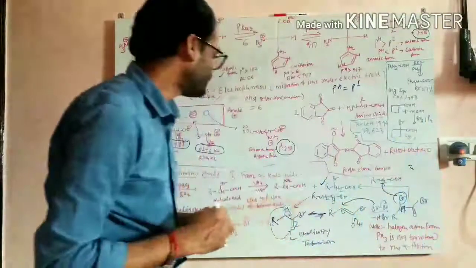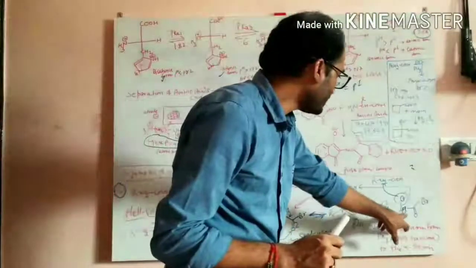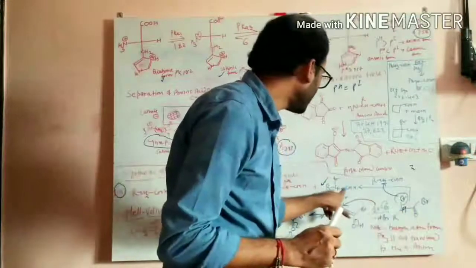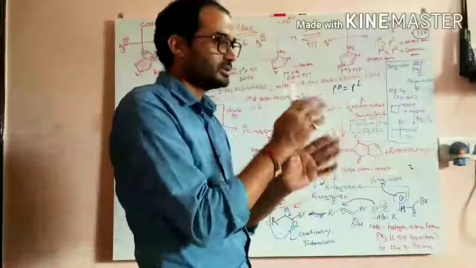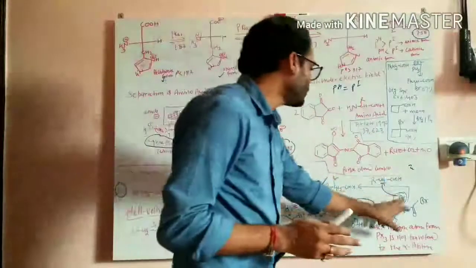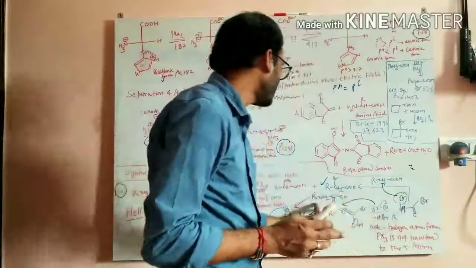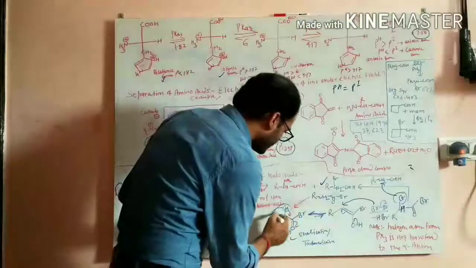This H from here to here is actually simply an interconversion. Bromine is going here and hydrogen coming here. This will be RCH2COBr. Here you can see this is the RCH2COBr.